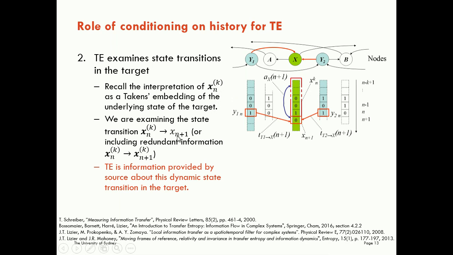Or we can think about including redundant information in the next value and think about a transition between two embedded states in the target. So here we can think about the transfer entropy as the information provided by the source about this dynamic state transition in the target. Okay?